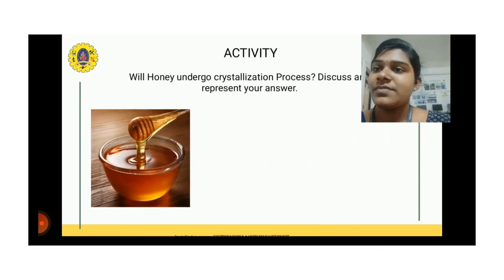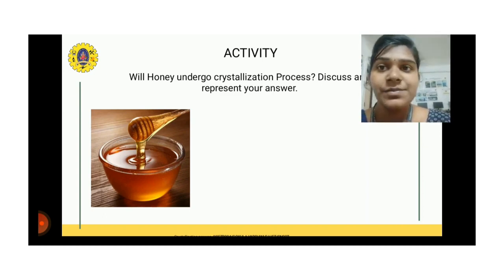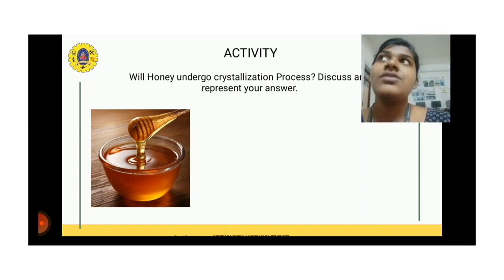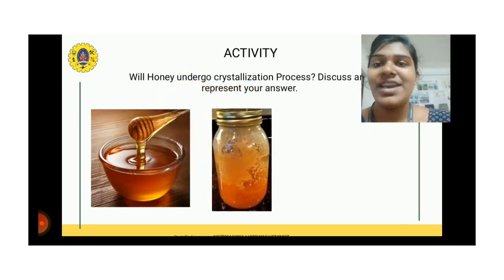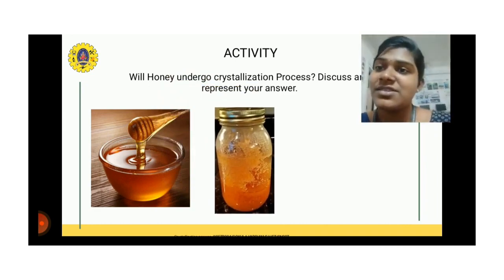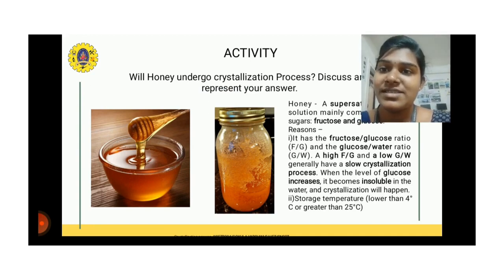And next, have you heard anything about honey undergoing crystallization? Will you accept that? Think of it. Is it possible? Let us see the answer. Yes, correct. Honey undergoes the crystallization process, and here is the reason.